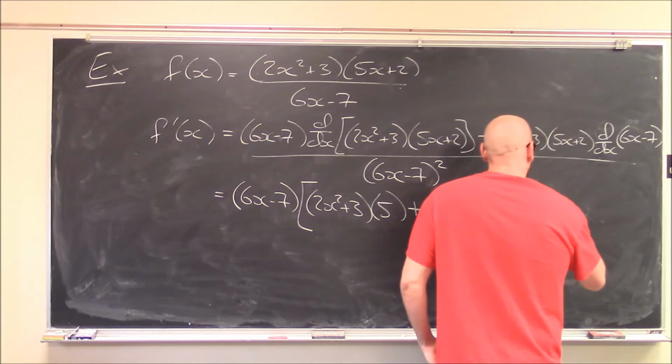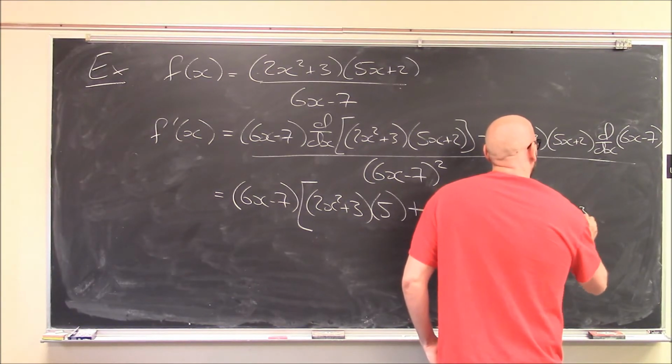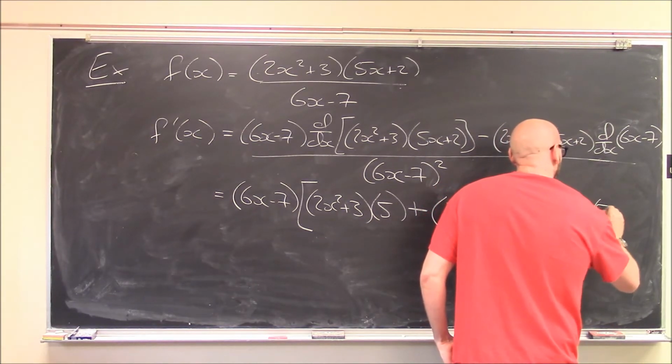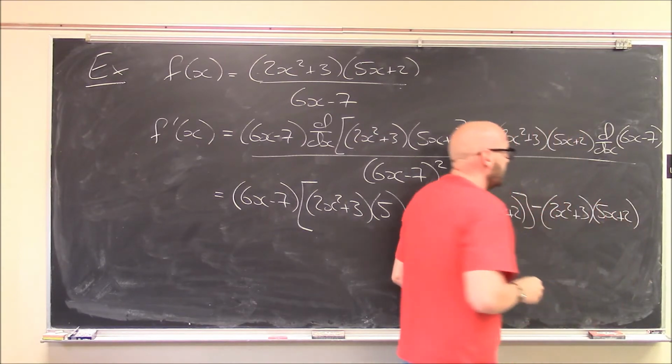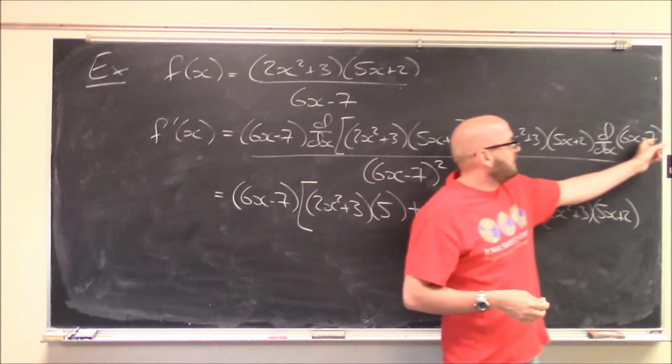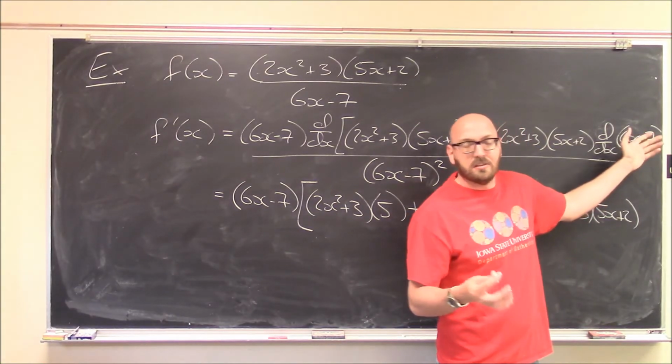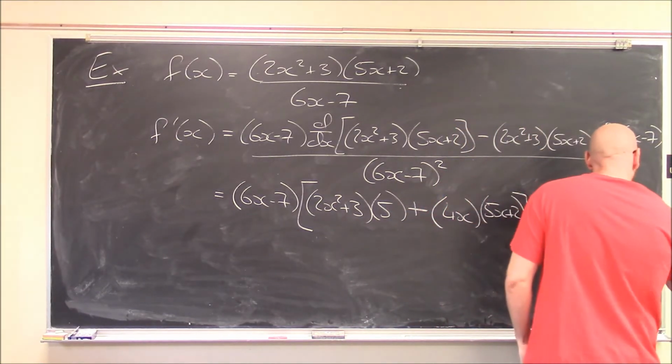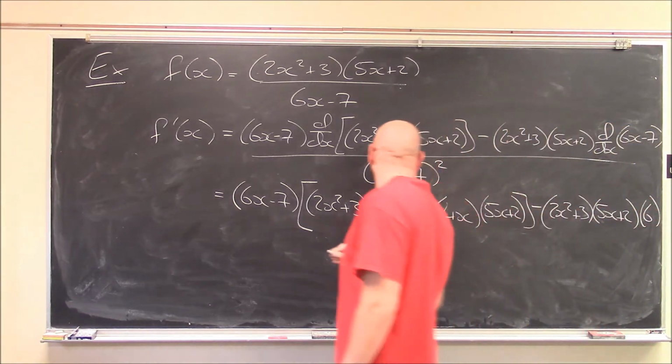And then we move on to our other derivative. We've got minus 2x squared plus 3, I'm really going to have to squeeze this on the board here, times 5x plus 2, times, this is an easier derivative, the derivative of 6x minus 7, which is just 6. Barely had enough space.